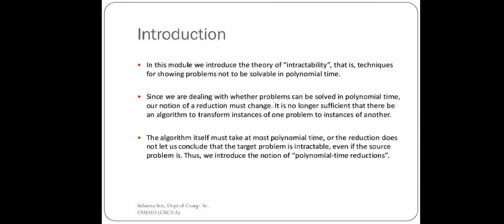That means so far we were trying to map one problem to another, and we were claiming that we are reducing one problem to another problem, and with the help of a previously proven problem we could conclude something. But if this kind of situation arises, where certain problems cannot be solved in a polynomial amount of time, our definition of reduction should change here.